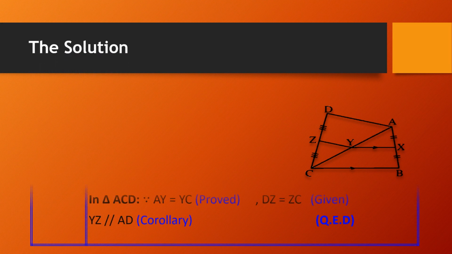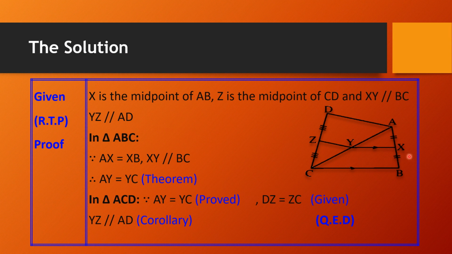The solution. Given X is the midpoint of AB, Z is the midpoint of CD, and XY is parallel to BC. RTP, YZ parallel to AD. The proof.